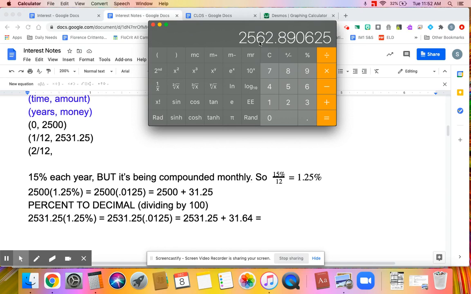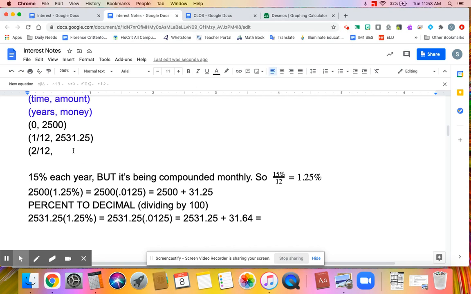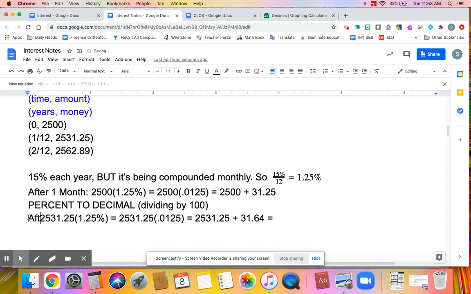Now I'm at $2,562.89. So this was after 1 month. This is after 2 months.